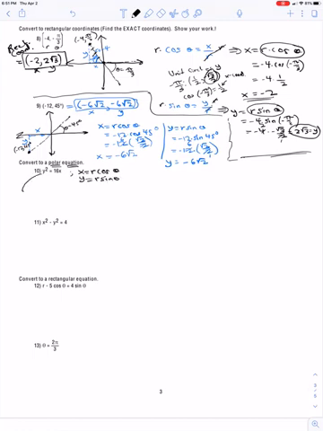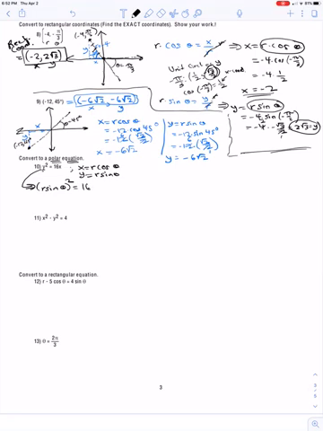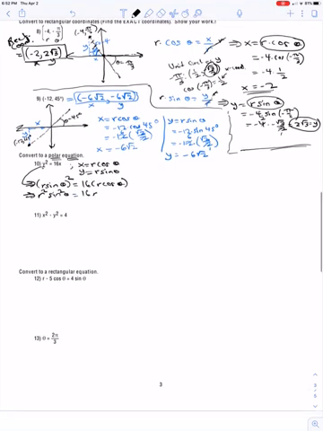Based off that, as we plug that in, y squared would be (r sine theta) squared, equal to 16 times x, 16 times r cosine theta. So we get r squared sine squared theta equal to 16r cosine theta.